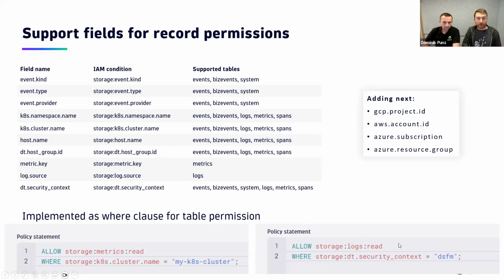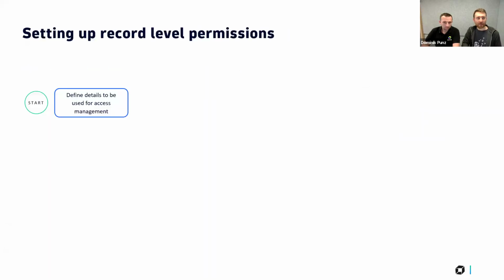Just as a quick guideline on how to set up record-level permissions, we've created a small flowchart. First and foremost, you've got to know what detail you want to use for access management. This could be something identifying your application, if there are different applications.